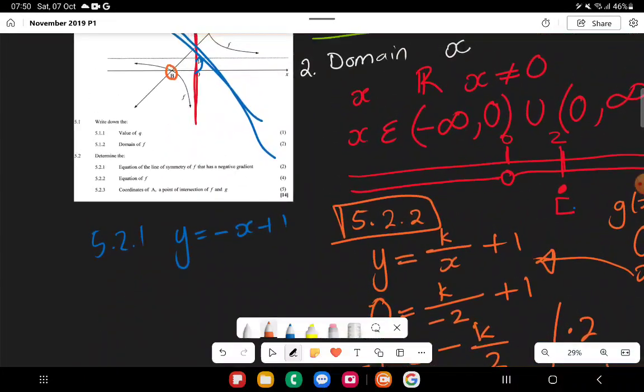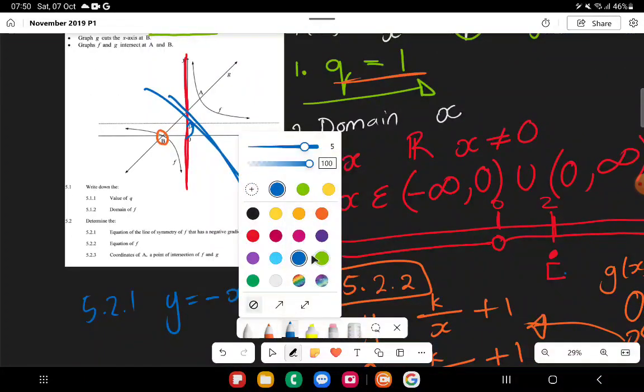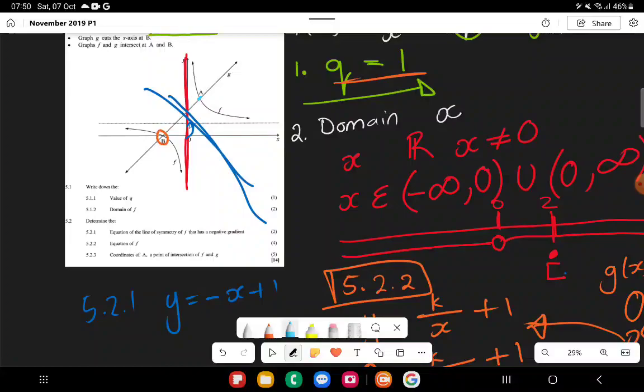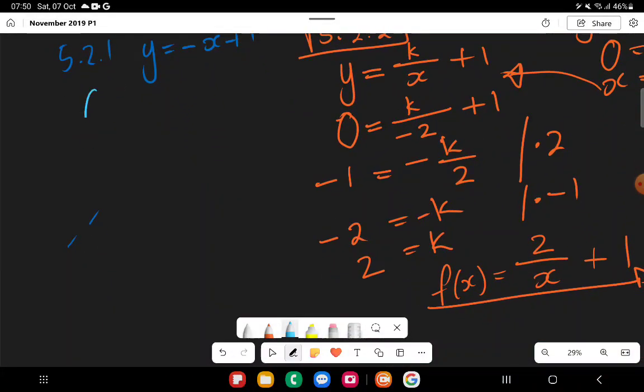That's a point of intersection. So that would be, that's certain, that blue, this one. Okay. So we are going to say f of x is equal to the g of x. The f of x is 2 over x plus 1, and that is equal to x plus 2.